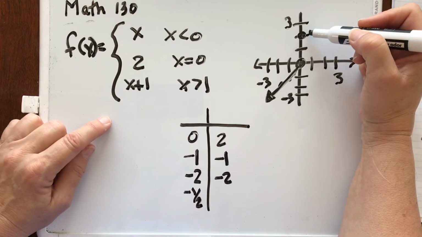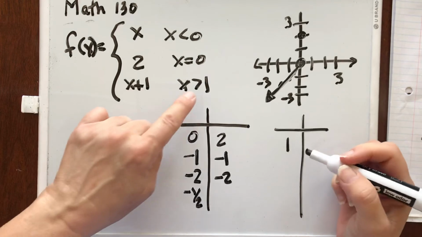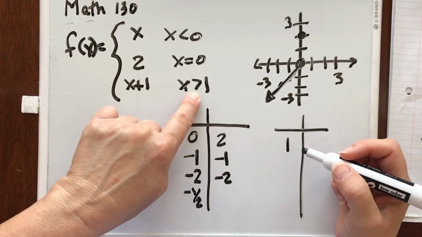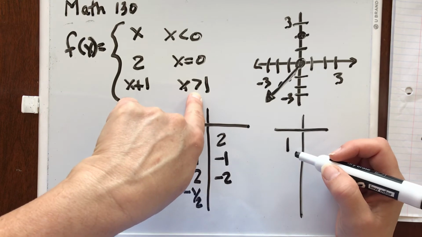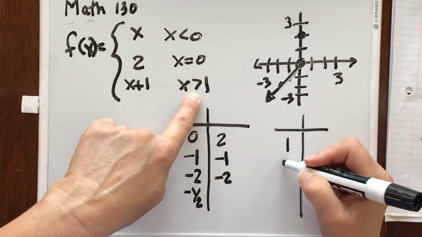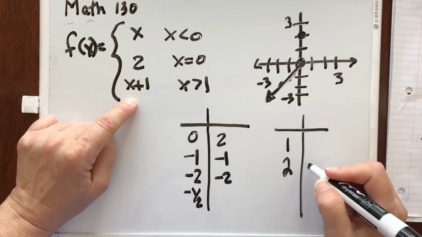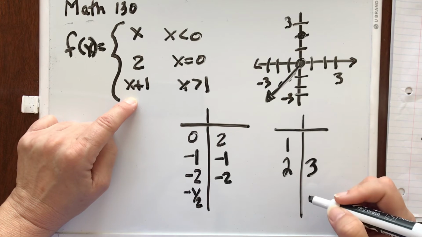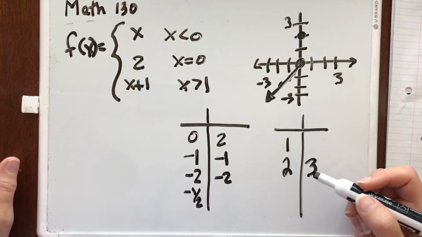Okay, so let's do positive numbers now. If I put in a 1, is 1 greater than 0? Yes. Well, let's look at a 2. Is 2 greater than 0? So we put in there 2 plus 1 is 3. Okay, so that's about as far as we're going to go, 2 plus 1 is 3.